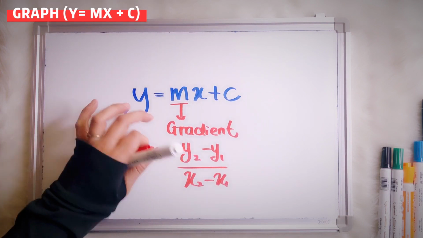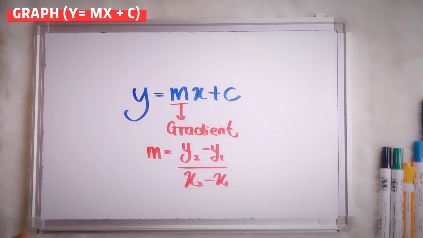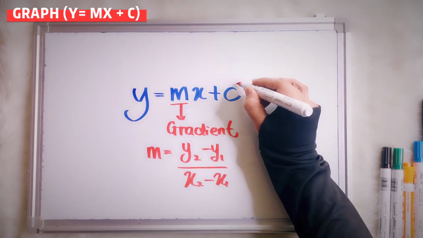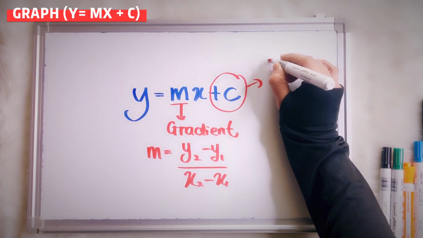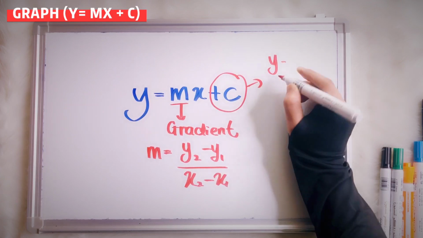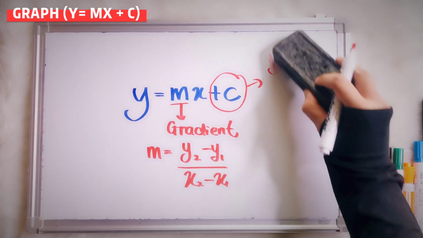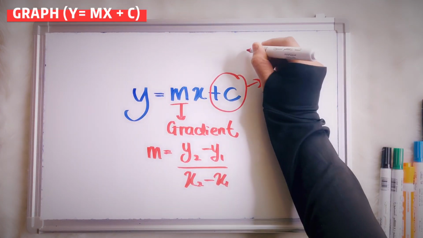This m is for the gradient. How about c? c is for the y-intercept.